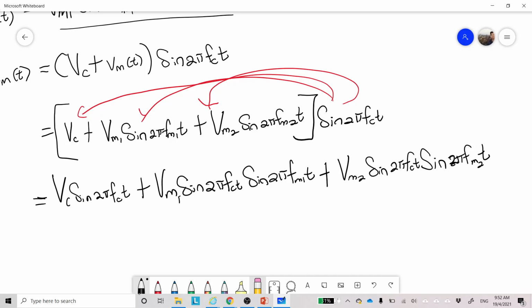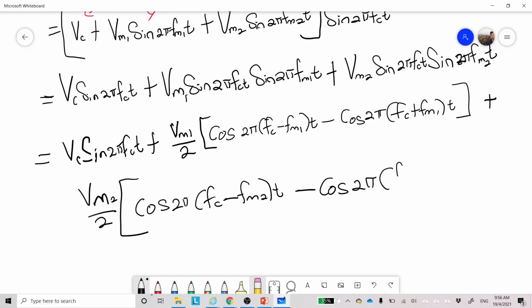So cos 2 pi (fc minus fm2) t, okay, minus cos 2 pi (fc plus fm2) t close bracket.